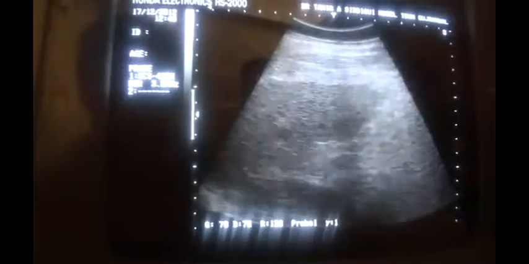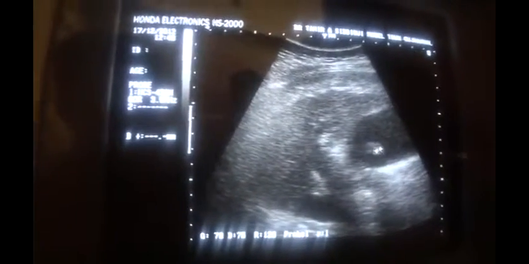This is the right lobe of the liver, and see the GB wall. So this is the right lobe of the liver. This is the gallbladder with a calculus within it, and compare it with the right kidney parenchyma if you want to.